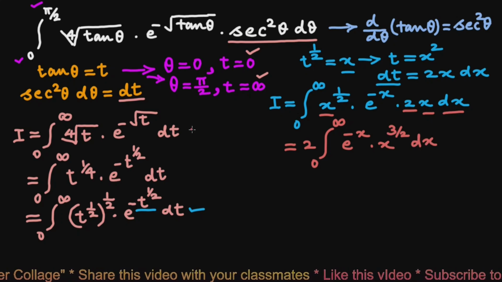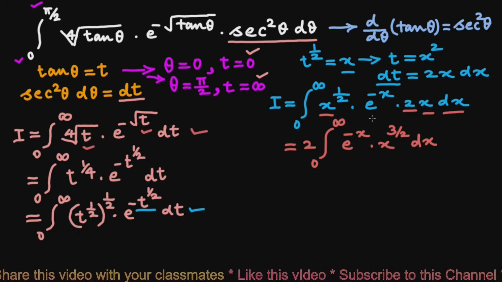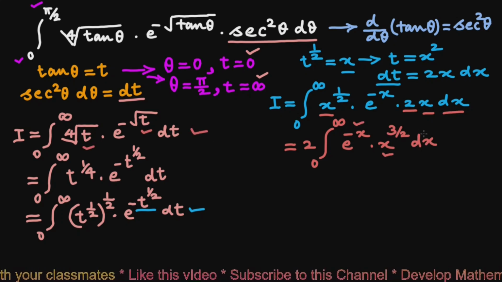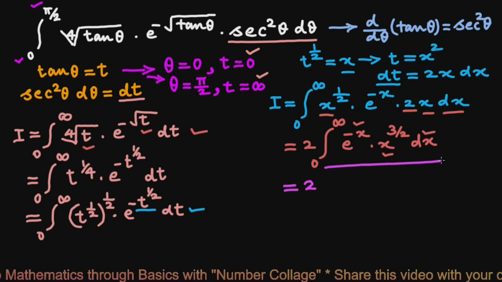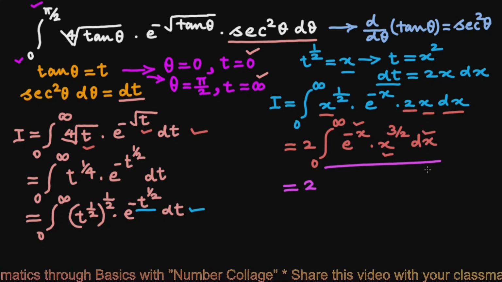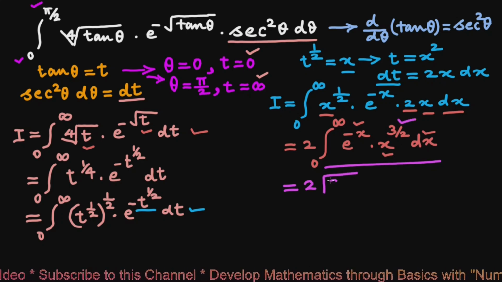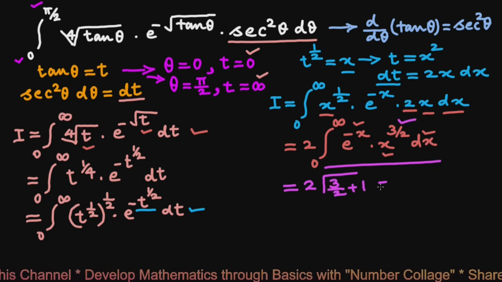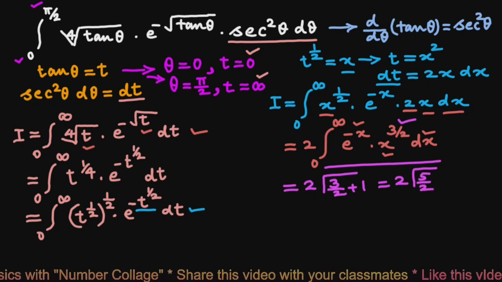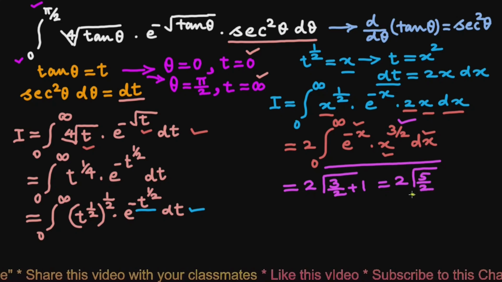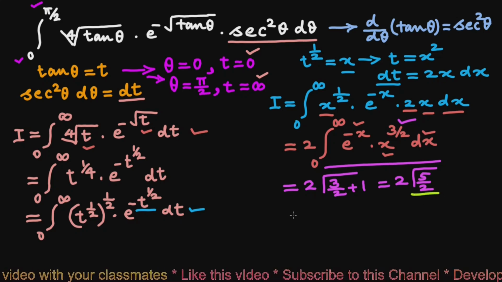So now this integral in t has been converted into integral in x. This will be 2, and this, according to the property of gamma function, gamma 3 by 2 plus 1, which will be 2 times gamma 5 by 2. We will apply the property of gamma n on this gamma 5 by 2 successively.